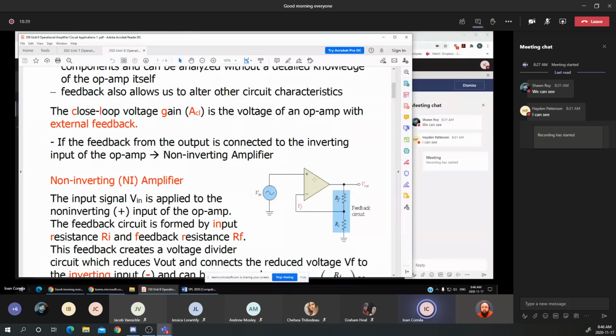The ACL, the closed loop gain, is the notation that I'm using from now on to find the gain of an op-amp with an external feedback circuit or an external feedback network.